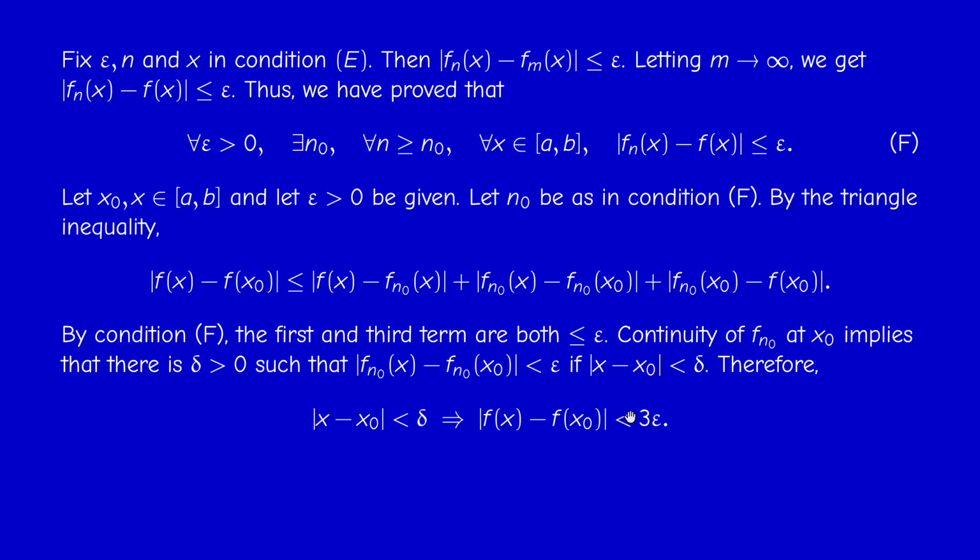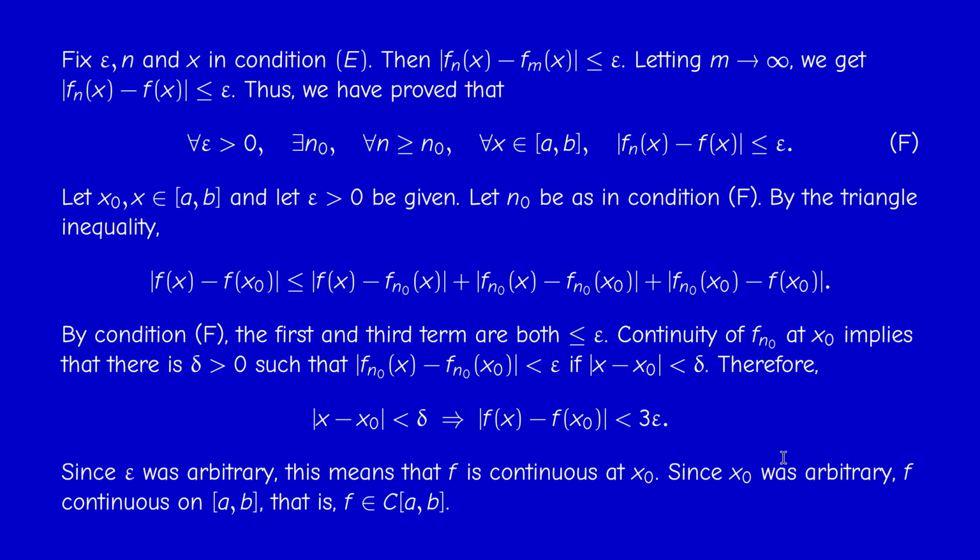Therefore, we have proved that if x minus x0 is less than delta, then f of x minus f of x0 is less than 3 epsilon. Okay. Now, 3 epsilon, 100 epsilon, same thing because epsilon was arbitrary. So this proves that f is continuous at x0, and since x0 was arbitrary, this means that f is continuous at every point of AB. So f belongs to the space CAB.